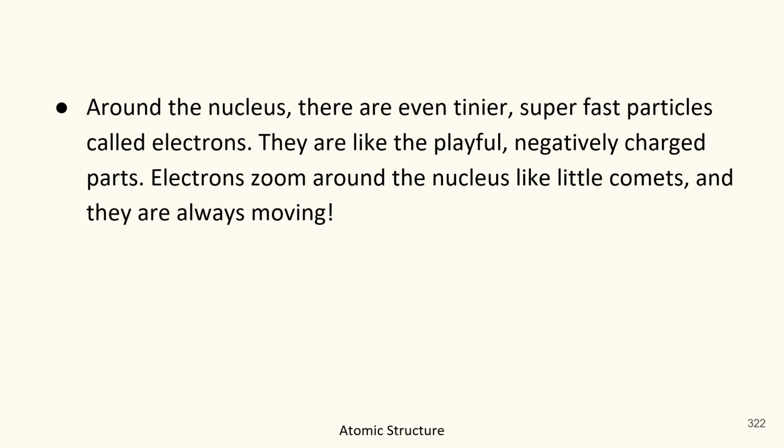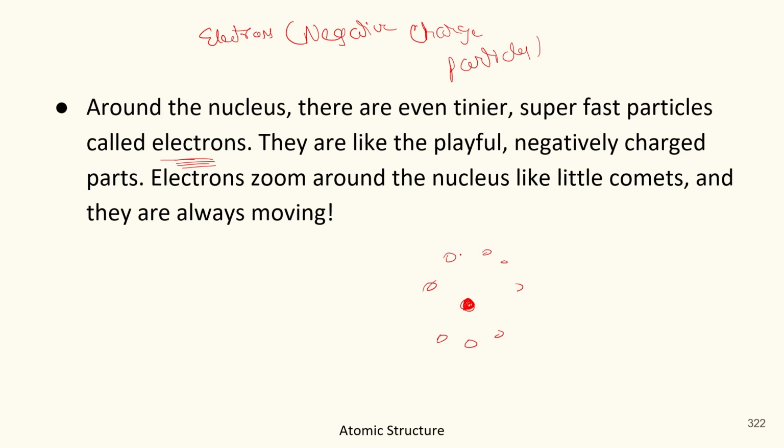Around the nucleus, there are even tinier particles called electrons. And we know electrons are basically negative charged particles, and they are revolving around the center. And why are they not collapsing into it? Because they revolve in a proper, definite way.